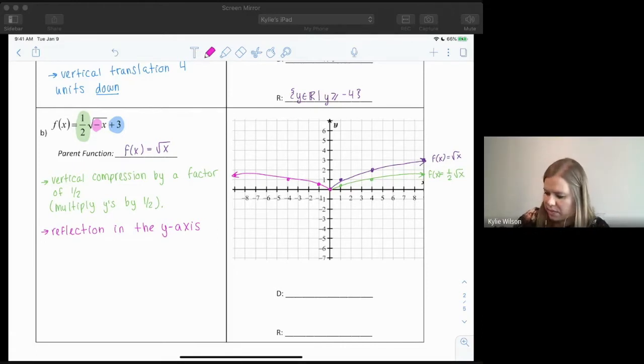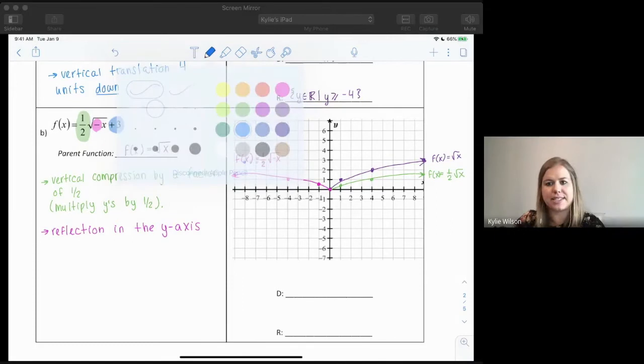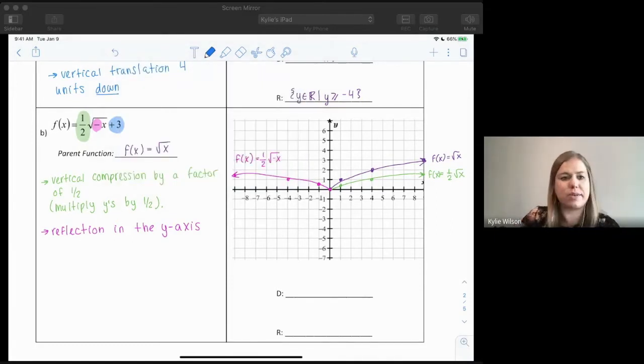Okay, so now we have f of x. We've dealt with the 1/2. We've dealt with the -x. And finally, let's deal with the c. Because we have a +3 at the end there, we have a vertical translation, 3 units up.